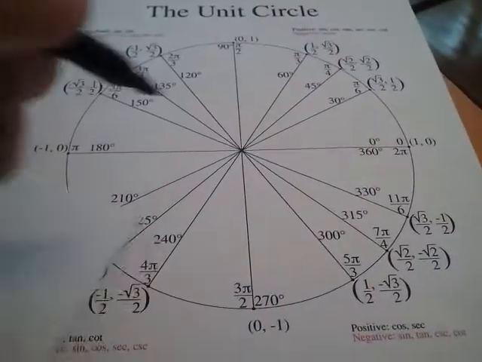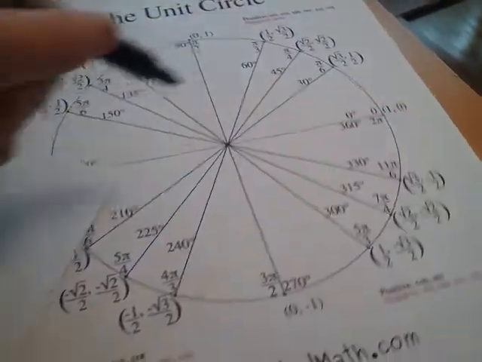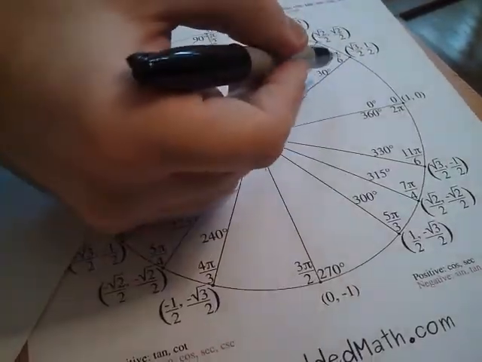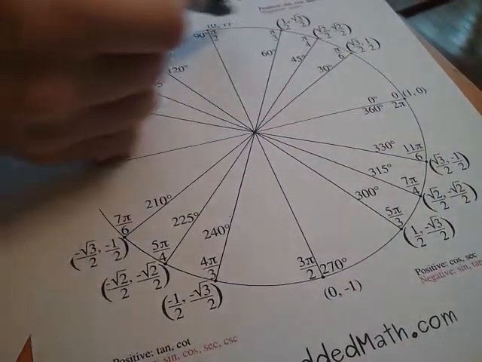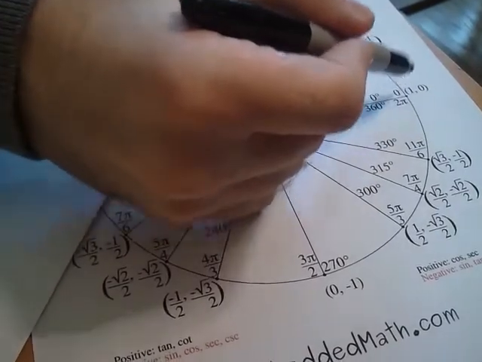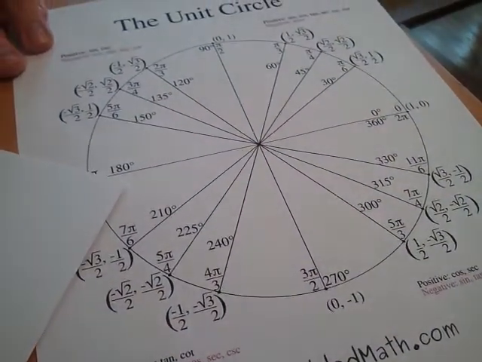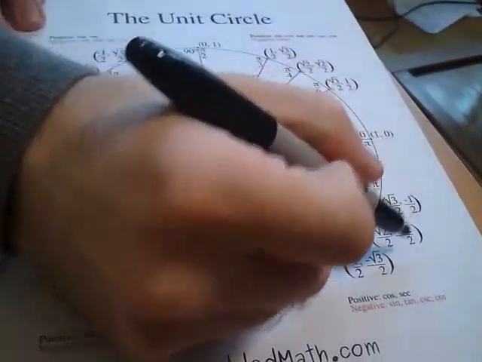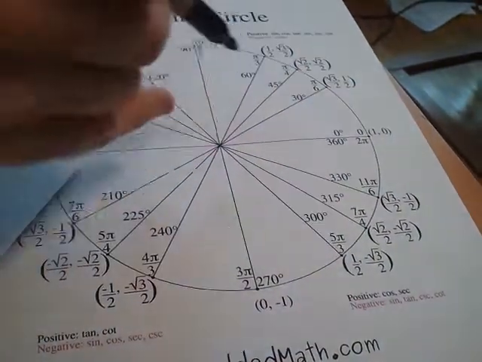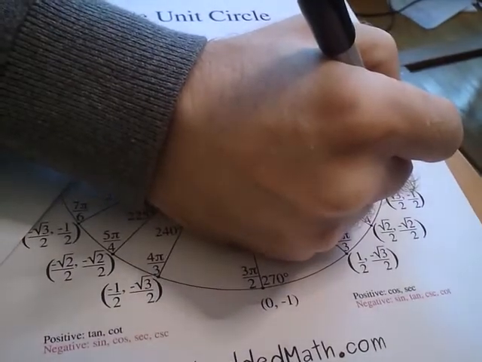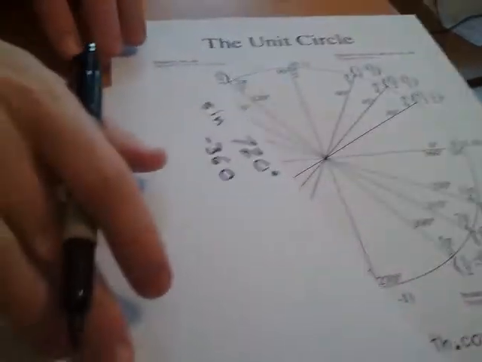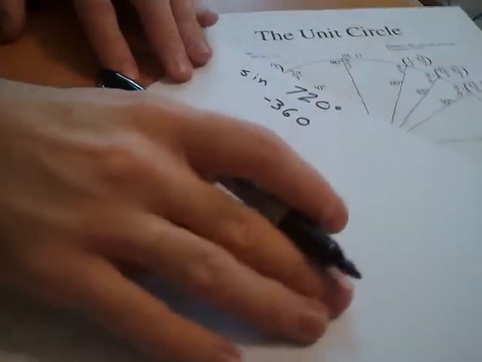And why 360, you say? Well, 360 is a total circle, right? If you subtract 360, then you're just going all the way back, one rotation, and you're going right back to the same spot you just left. So you're going to have the same coordinates here. The coordinates are going to be the same if you do a full revolution and you come back, because that's a full 360 degrees, or it's a full 2 pi if you're dealing with radians.